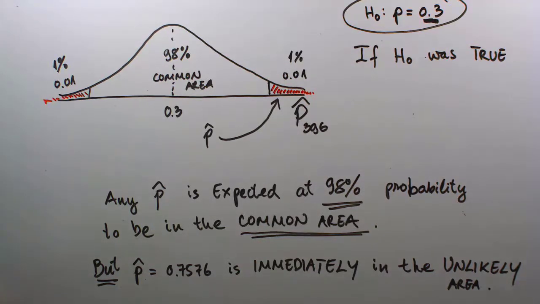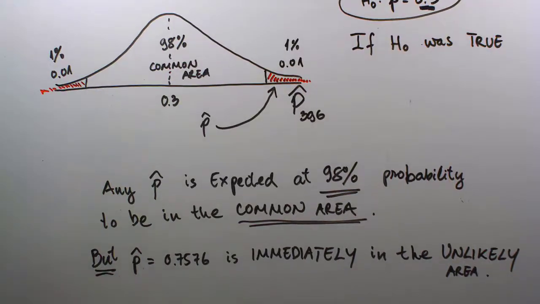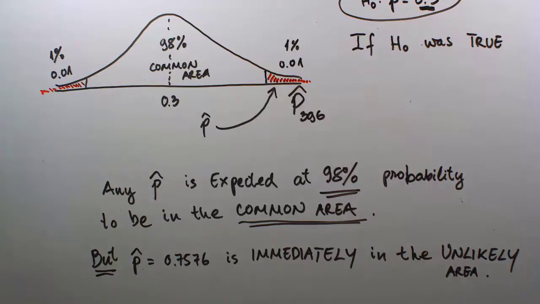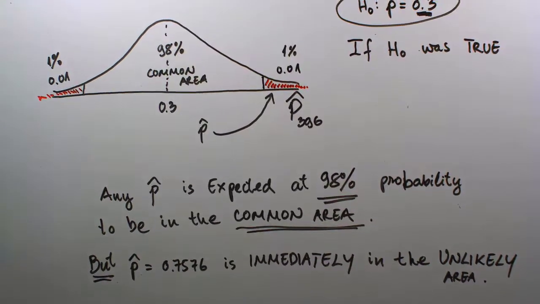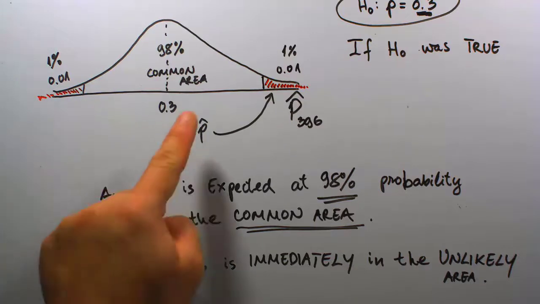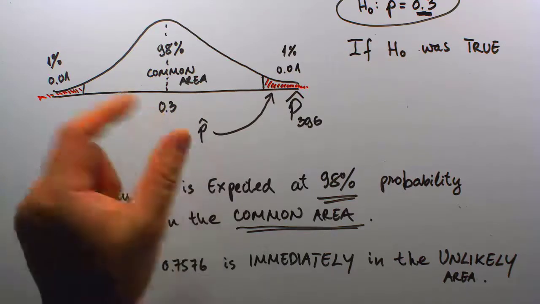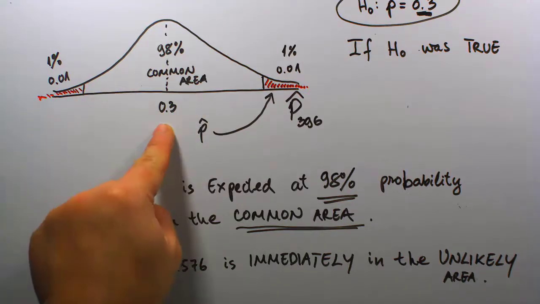So that is the conflict I've been talking about. Because think about it, if the value is the truthful value, then no matter how many times we pick samples, values will tend to just fluctuate up and down, but small and commonly seen around the center.